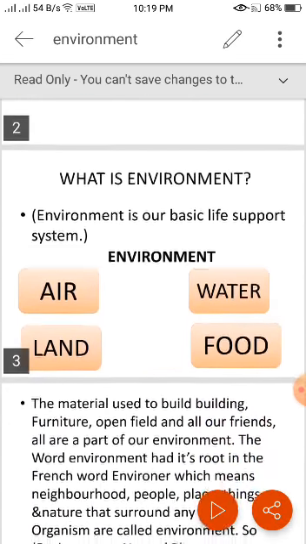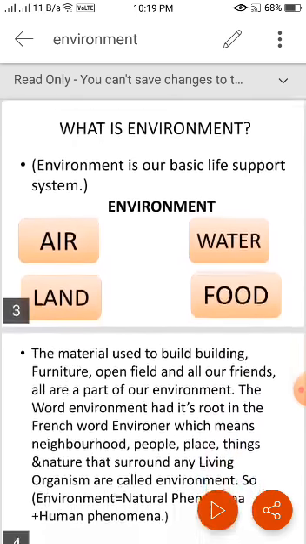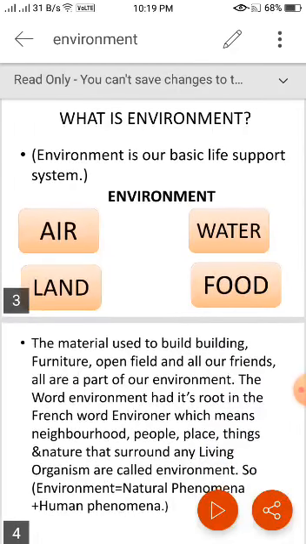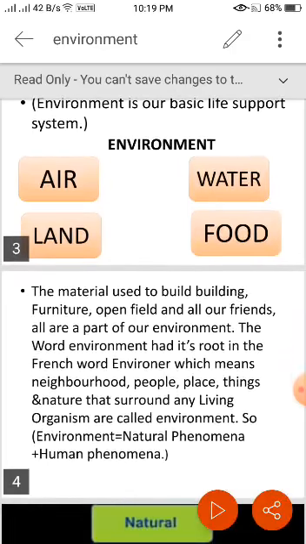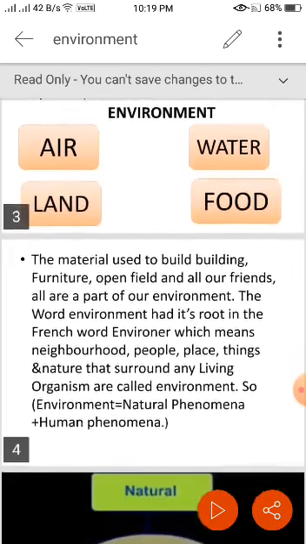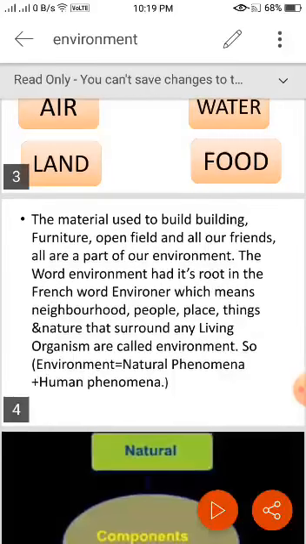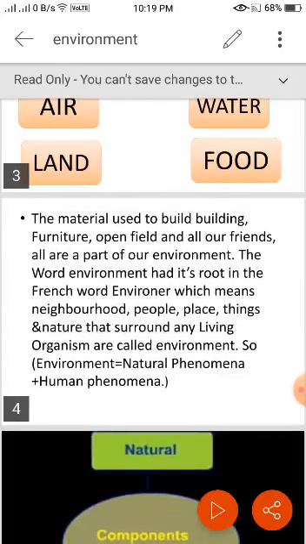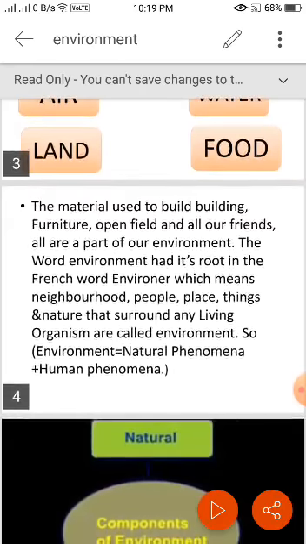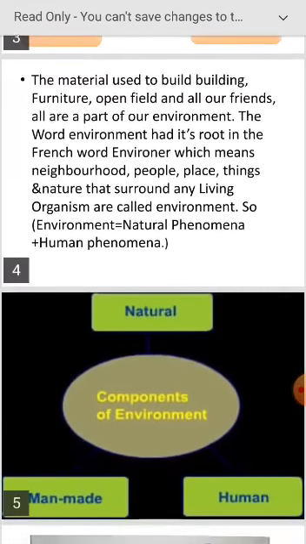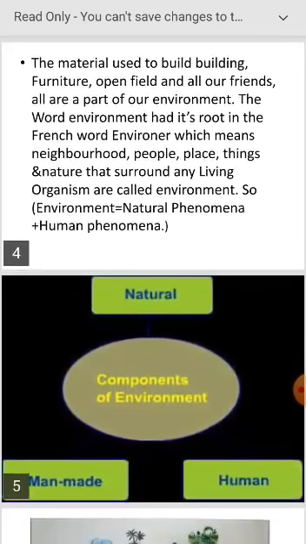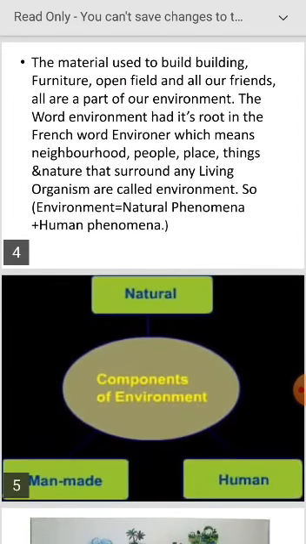What is environment? Environment is our basic life support system. It contains air, water, land, food. The materials used to build buildings, furniture, open fields, and all our friends are a part of our environment.